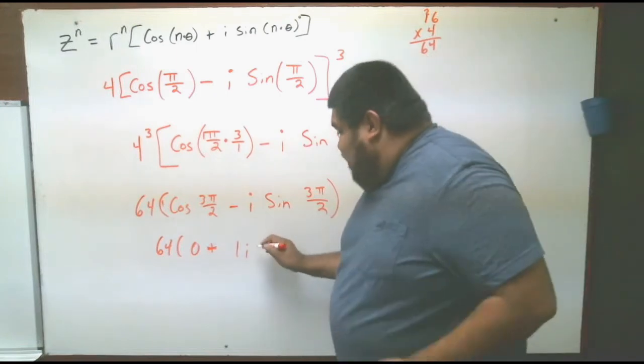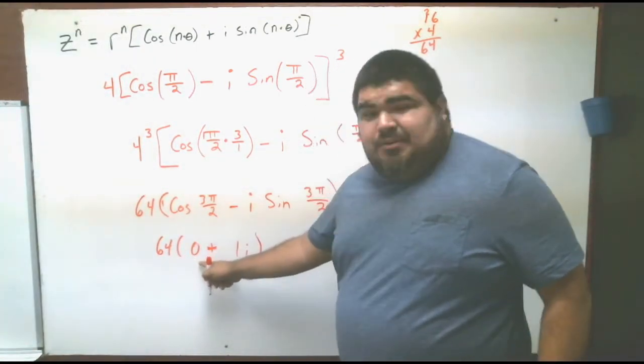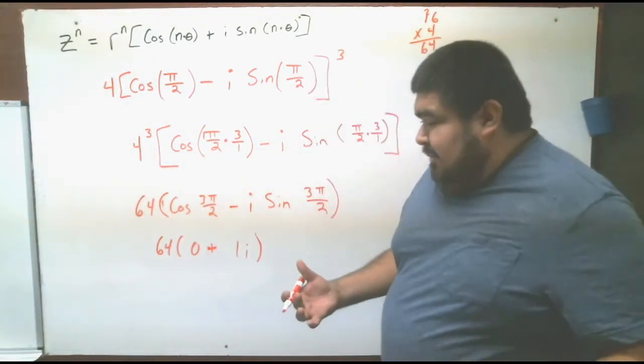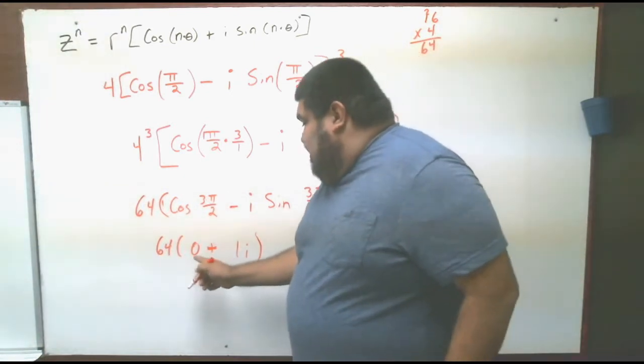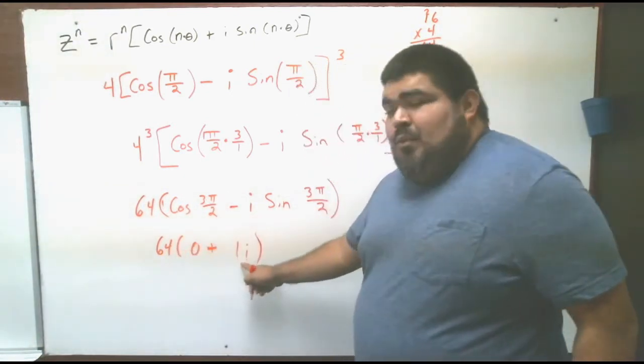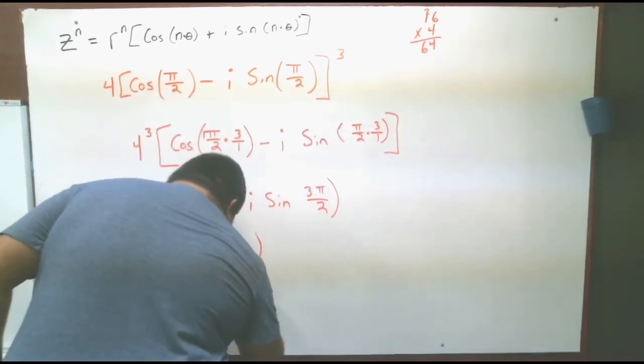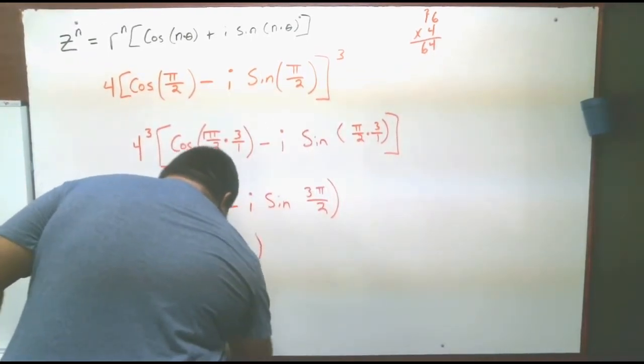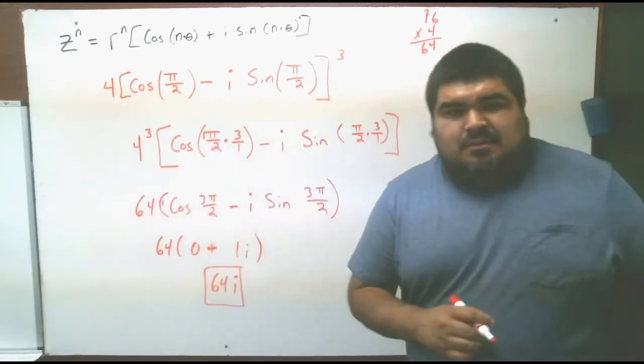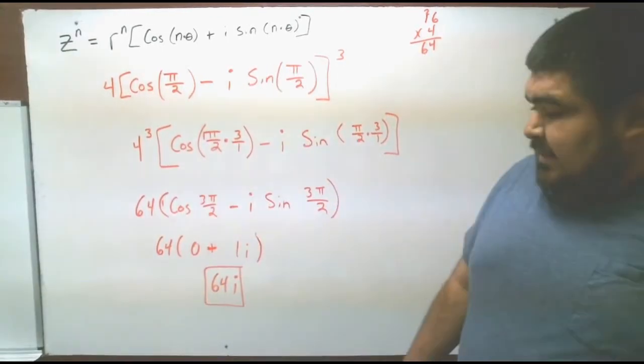So 64 times 0 is 0, so there's nothing there. 64 times 1 is just 64. So we say 64i is our answer. And that's it.